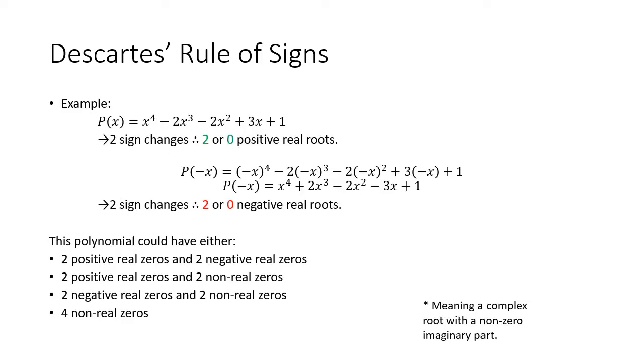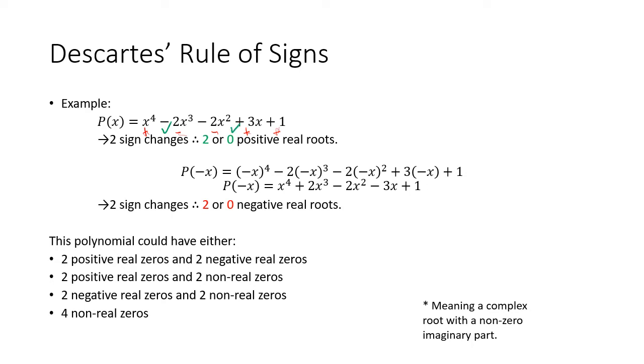For example, here's p of x. It equals x to the fourth minus 2x cubed minus 2x squared plus 3x plus 1. Notice there's a positive here, a negative here, a negative here, a positive here, and a positive here. If we count the number of times the sign changes, it changes once, and then it changes twice.